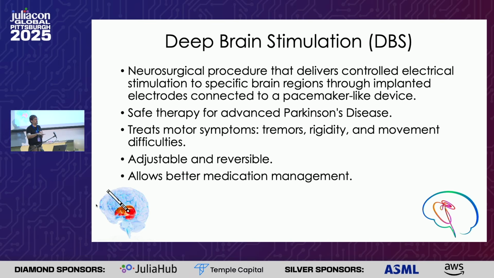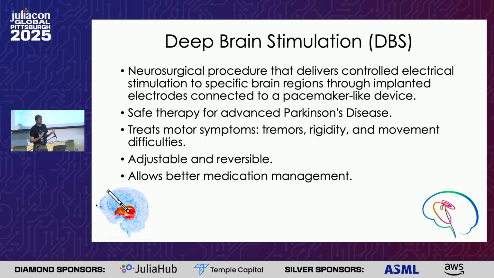Also, they have tremor. And it turns out that if you stimulate at about 100 hertz in the subcortical region, the STN, then these tremors go away. But unfortunately, we don't really know how this works. So we are actually helping people to build models to better understand this treatment.